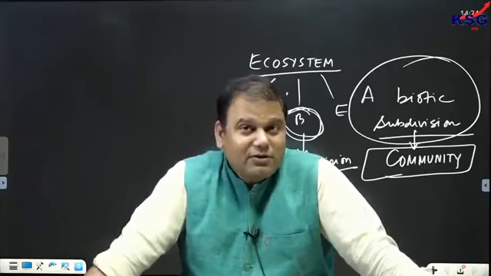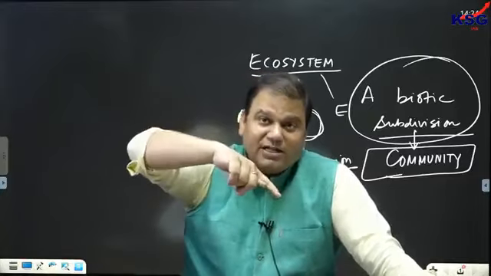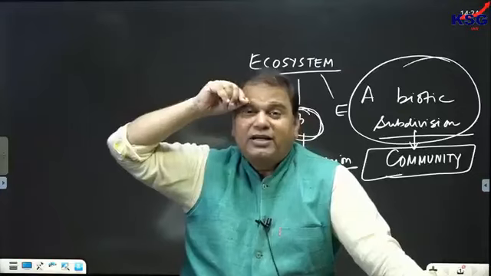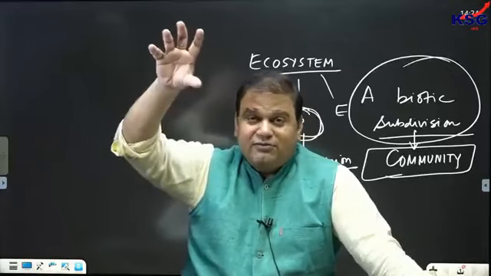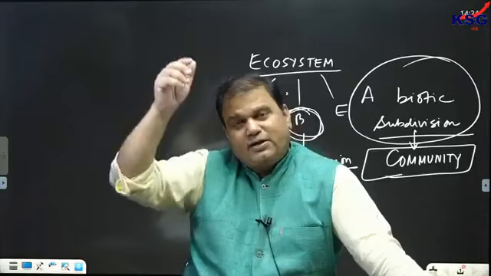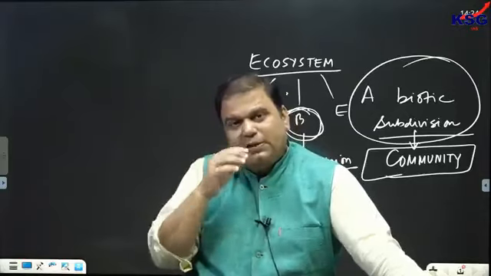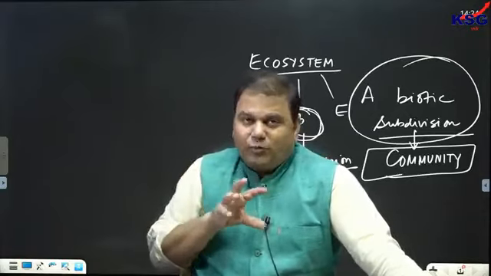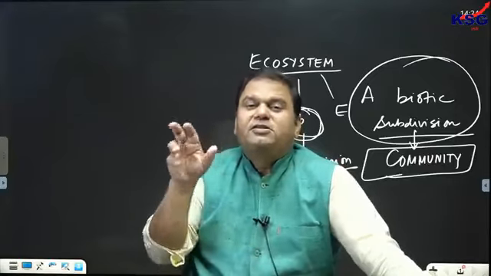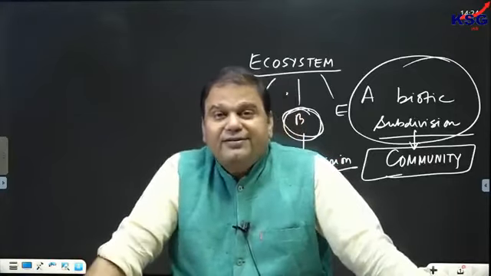And an ecosystem is a fundamental unit of biosphere. Biosphere is called the organic world. It is that part of the earth where organisms are present, and it consists of three components: biotic, abiotic and energy component. Now here we see that the members of a community are performing certain functions for their maintenance.